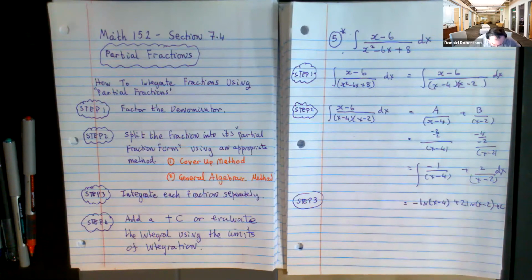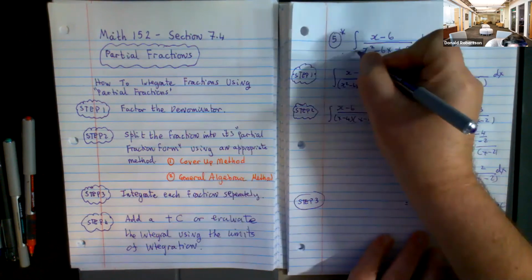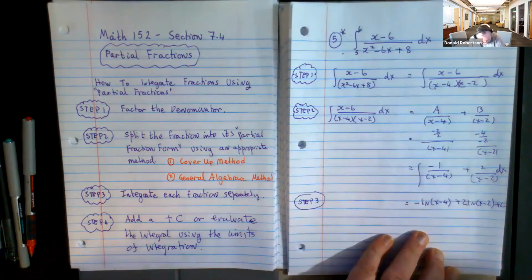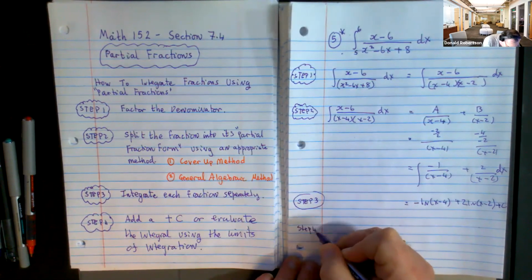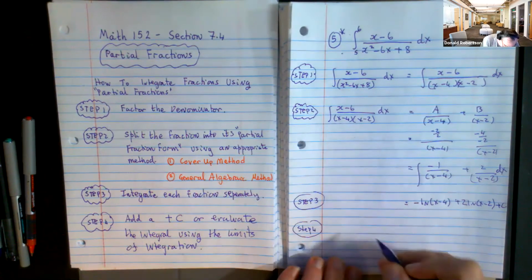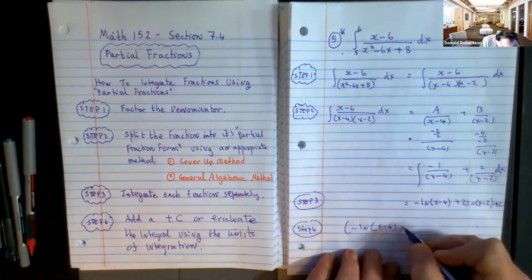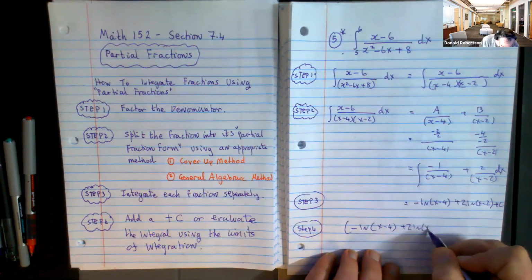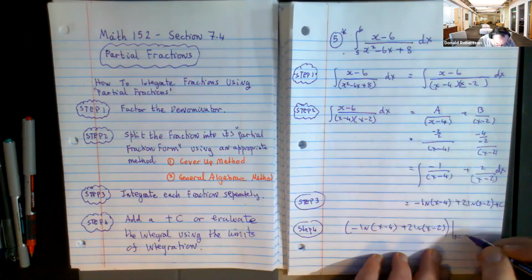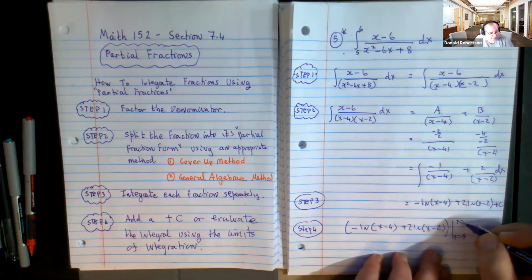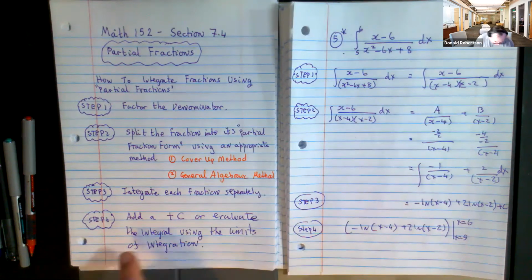If this question had been the integral from 5 to 6, then all I would do in step 4 would be: you find the natural log of x minus 4 plus 2 times the natural log of x minus 2, and you evaluate it from x equals 5 to x equals 6. So that's what I mean about evaluating the integral using the limits of integration.